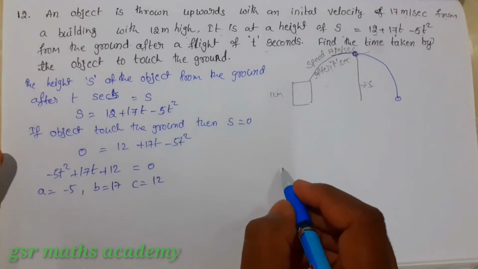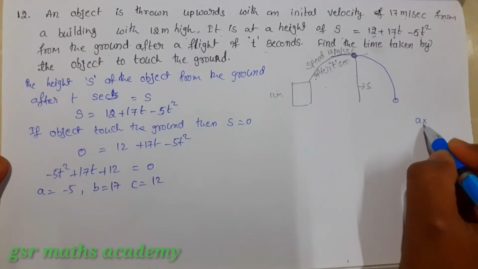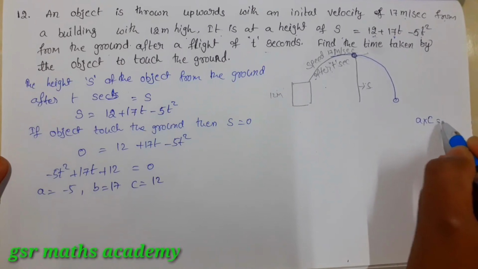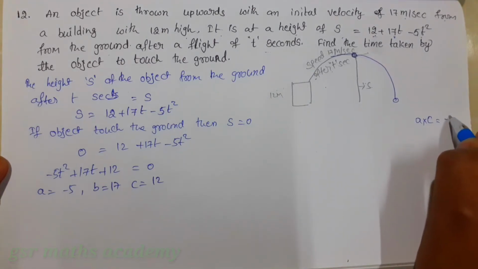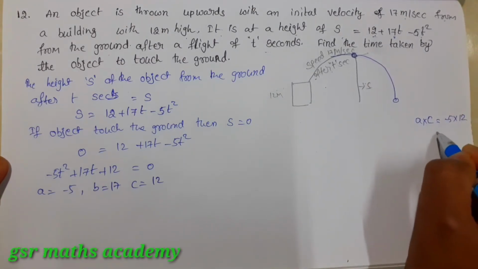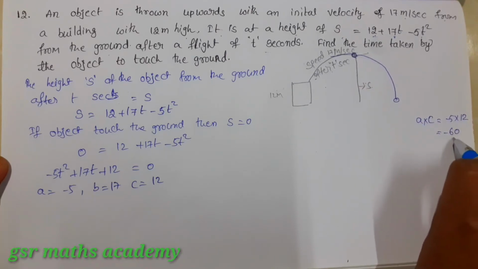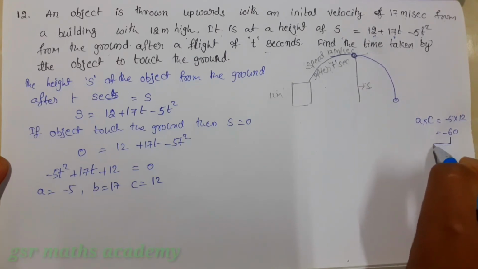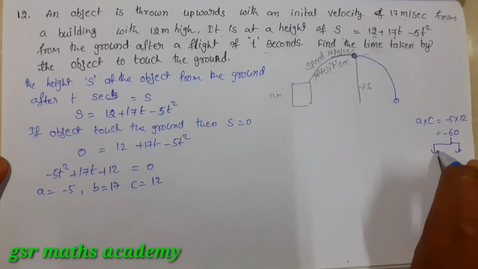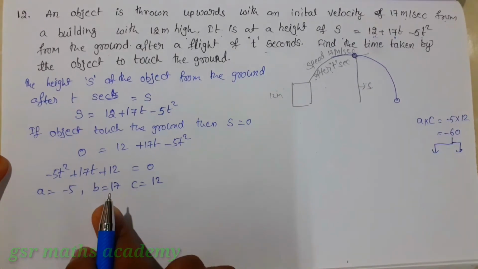Now we need to take the product of a and c. What is the product of a and c? That is minus 5 into 12, which is minus 60. This minus 60 we have to write as a product of two numbers which, when added, give positive 17.